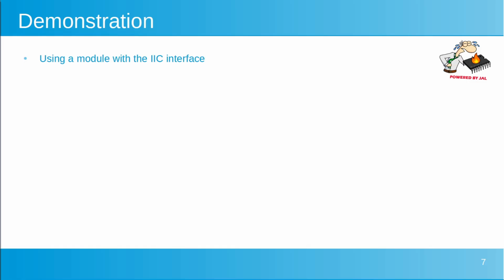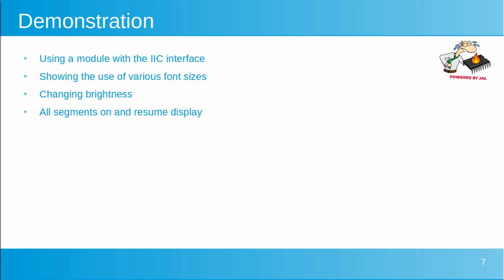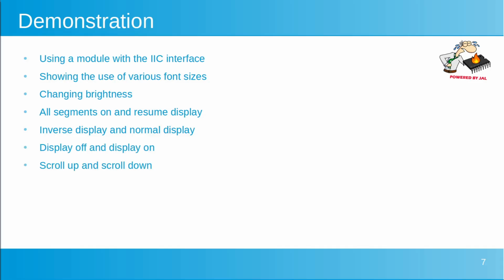So, a demonstration video. I'm using a module with an I2C interface, and I'm also using a PIC which has sufficient memory to demonstrate the graphics features. So it will start with the use of various font sizes, changing the brightness, put all segments on and resume the display, inverse the display and normal again, then the display off and on, the scroll up and scroll down function, and the graphics functions, so draw a line, a box, a circle and an ellipse.